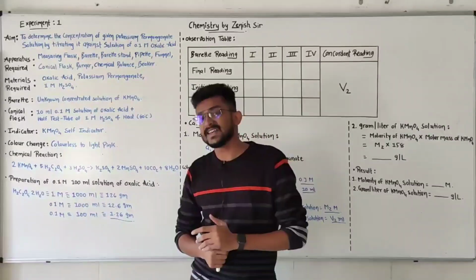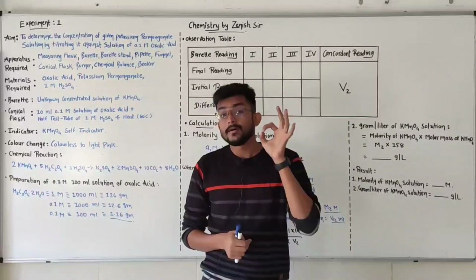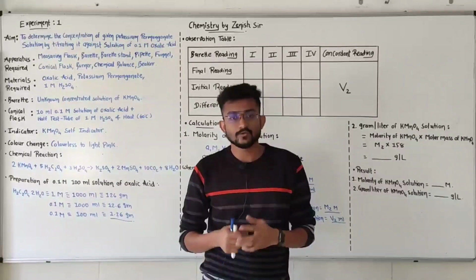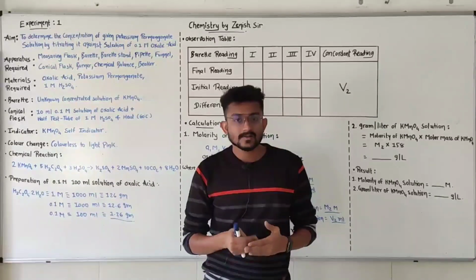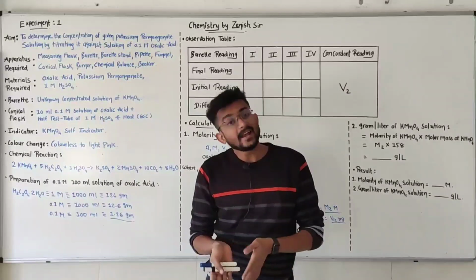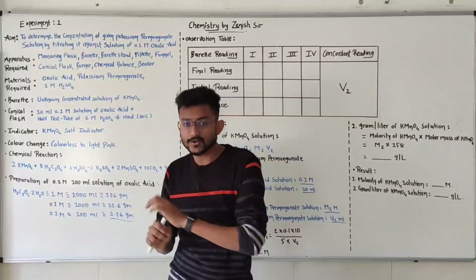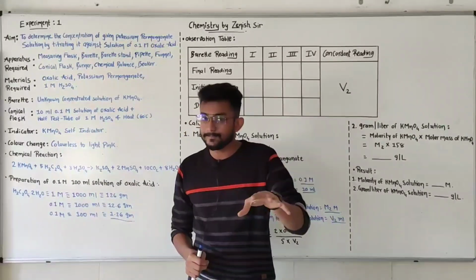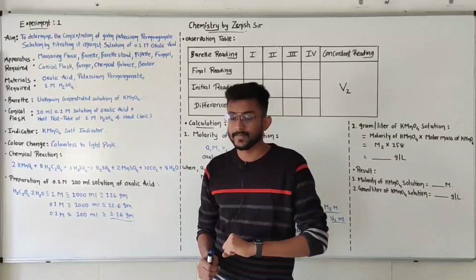The concentration of oxalic acid is 0.1 molar, but there is a catch: we have to prepare that solution. So first of all, we will prepare 0.1 molar oxalic acid solution, and then we will titrate it against the potassium permanganate solution. That is our aim, and we will calculate the concentration of potassium permanganate.